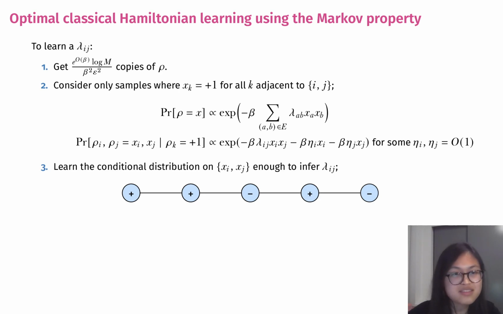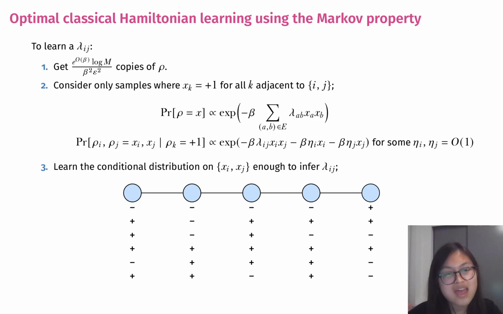You get a bunch of samples from the Markov random field, and if you're trying to learn a particular parameter, you condition. Let's say I want to learn this particular weight. Then I need to condition on the things that are adjacent to it. So let's say I condition on these orange bits, and I condition on them both being plus.